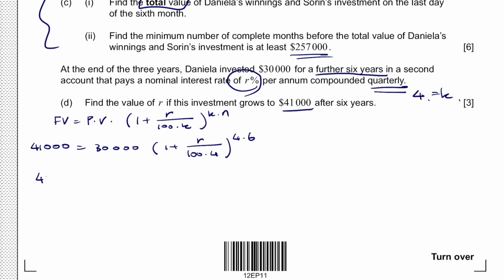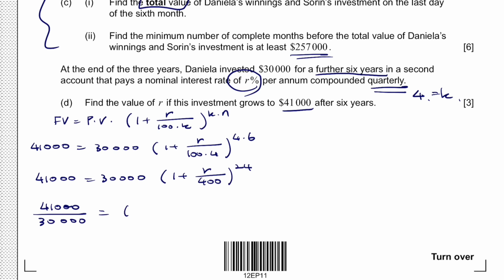So we can simplify this equation to this format. Then we can further simplify this, right? So it's 41,000 over 30,000 equals 1 plus R over 400 to the power of 24.